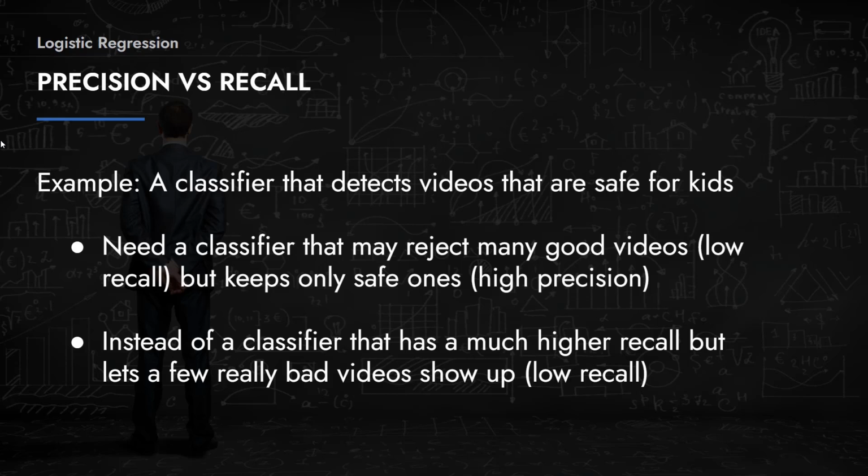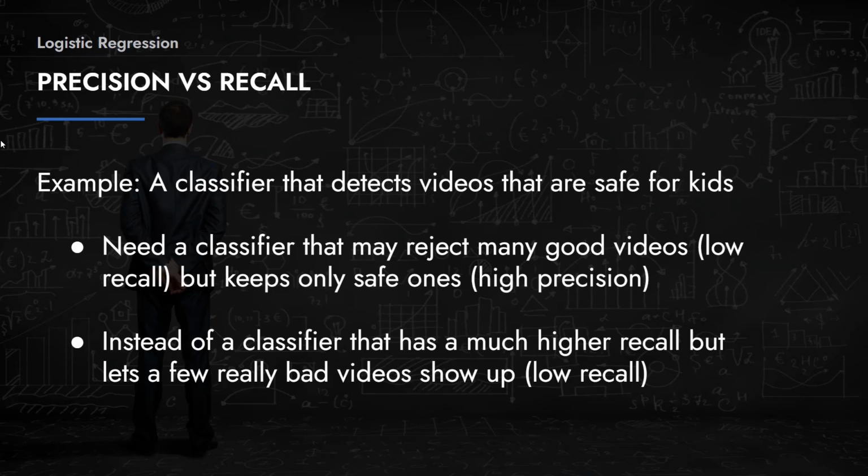Here we want the other side to be stronger: we're okay with the classifier incorrectly classifying good videos as bad, because it's harmless for a kid to miss viewing a particular video that might be good because it was falsely classified, as opposed to viewing a bad video by accident because it was falsely classified as a good video.